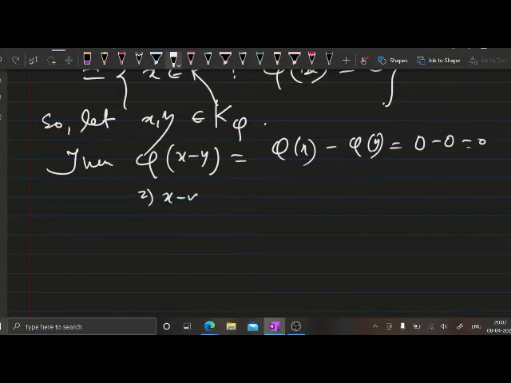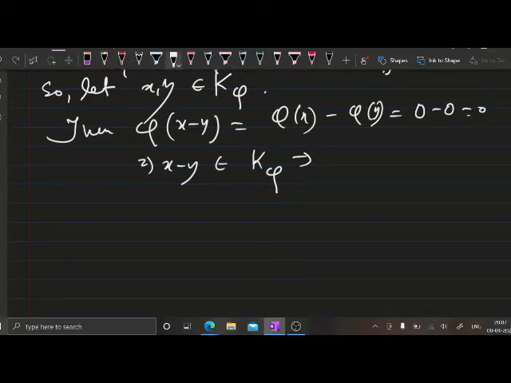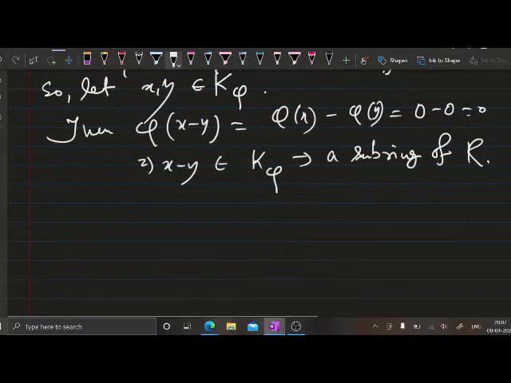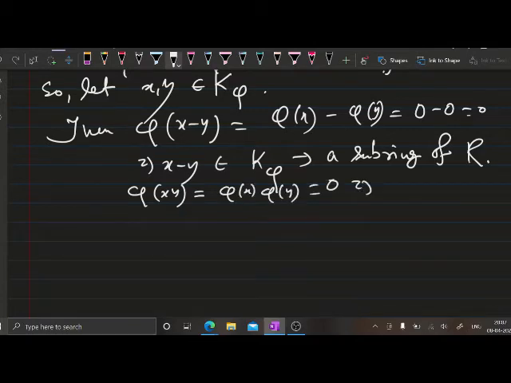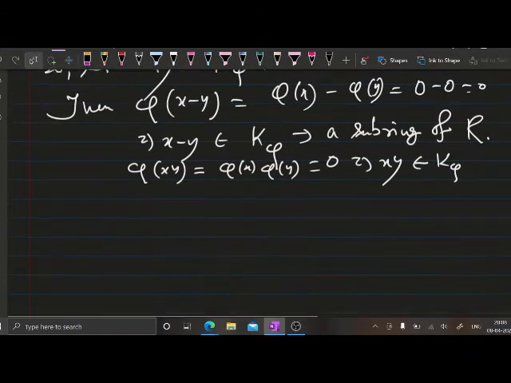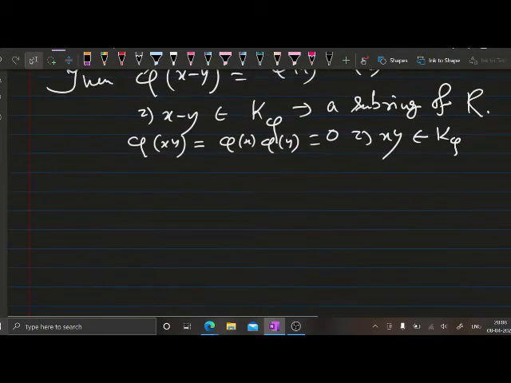So x minus y is again in K phi, which proves that K phi is a subring of R. Also, phi(xy) is phi(x) phi(y), and this is again 0, so xy belongs to K phi again. Therefore this is a subring of R.